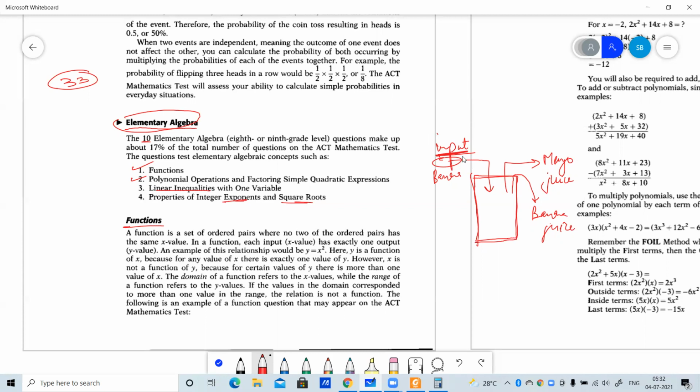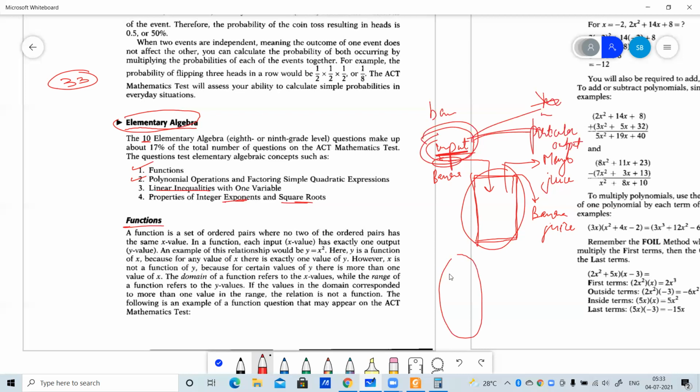So this machine converts each input into its particular output. There will not be any possibility that one input will give you two outputs. It will never be possible. One banana will not give you mango as well as banana. Are you following it?